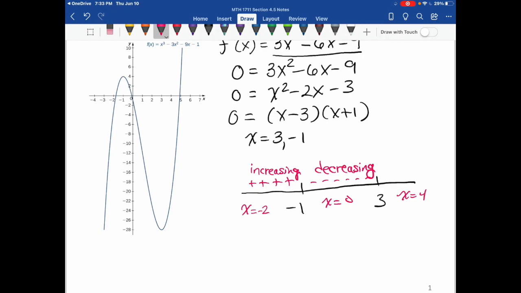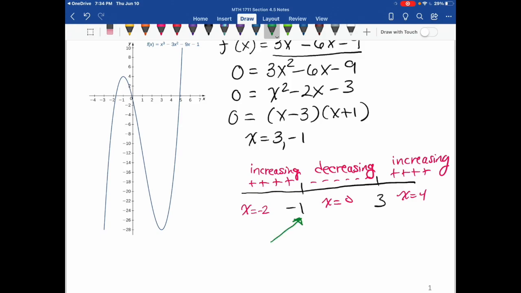And then if I pick something bigger than 3, on the interval from 3 to infinity, let's say I pick x equal to 4 as a test point. When I plug 4 into the derivative, I'm going to get a positive value, which means the function is increasing.